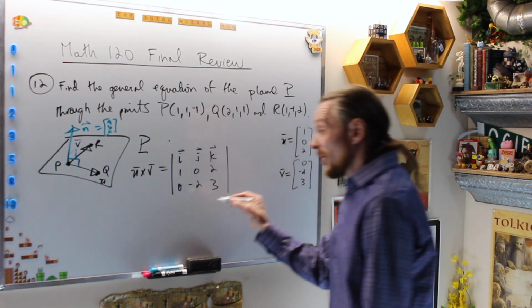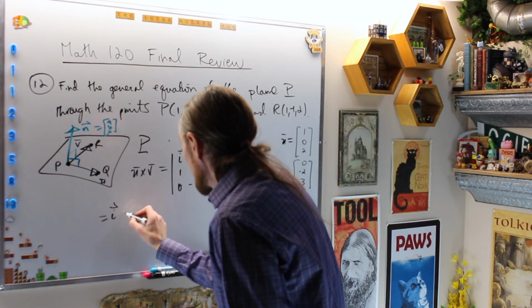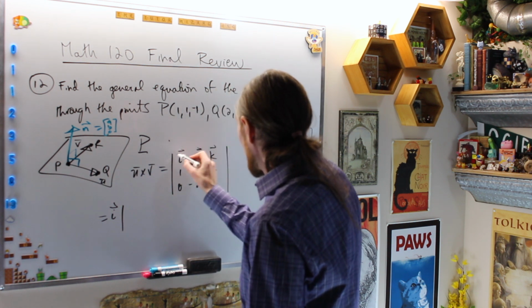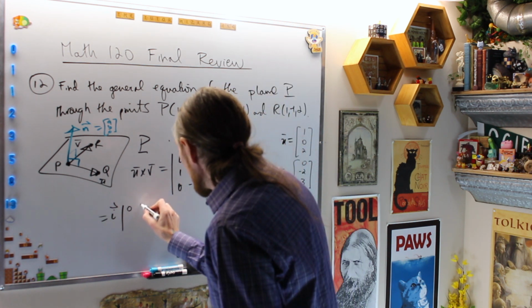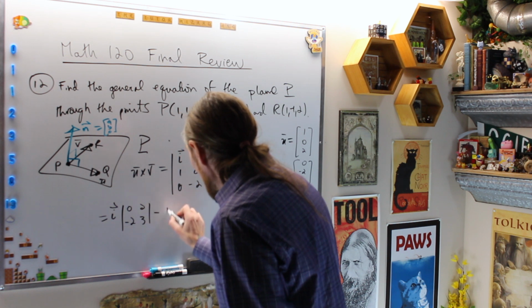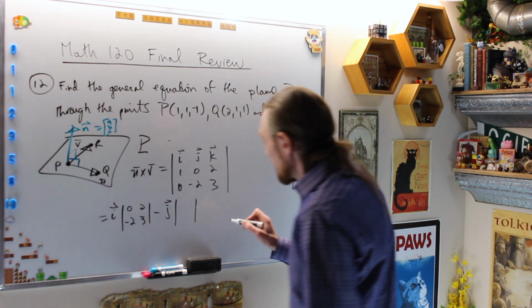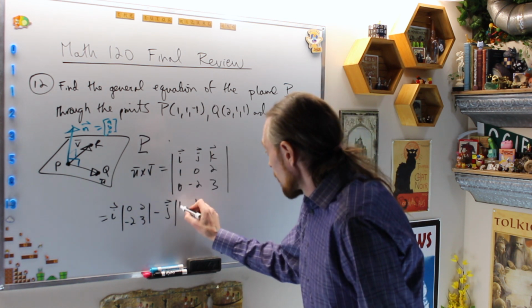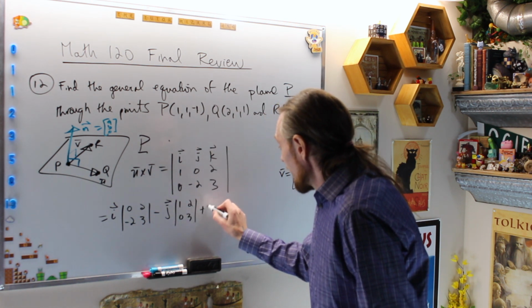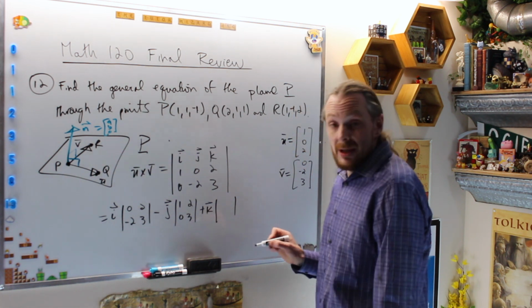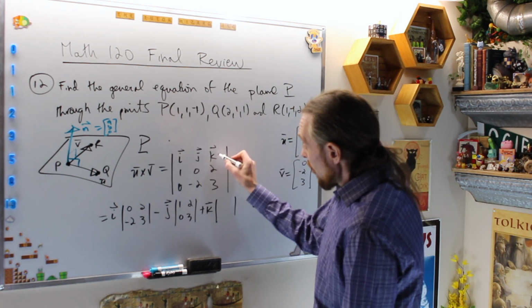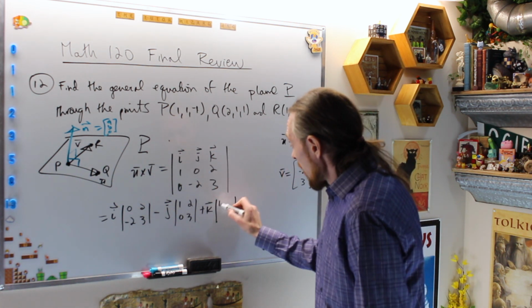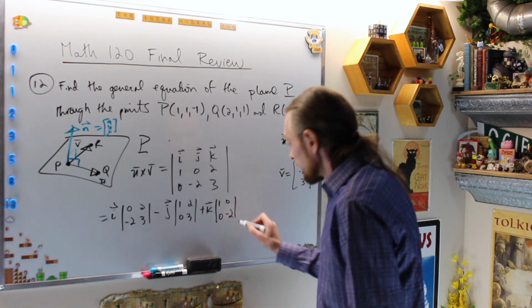Cofactor expansion along the top row is I times the 2 by 2 determinant blocking off row 1 and column 1, which is 0, 2, negative 2, 3, minus J times the 2 by 2 minor obtained by blocking off row 1 and column 2, so I get 1, 2, 0, and 3, and plus K times the 2 by 2 subdeterminant obtained by blocking off row 1 and column 3, so 1, 0, 0, negative 2.